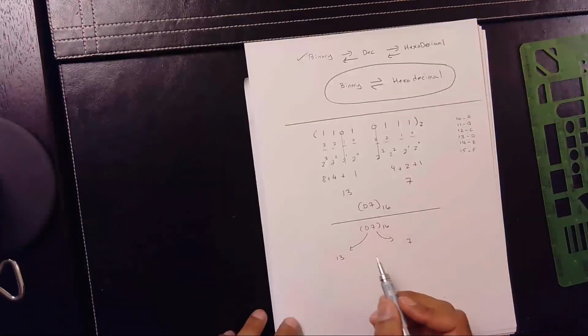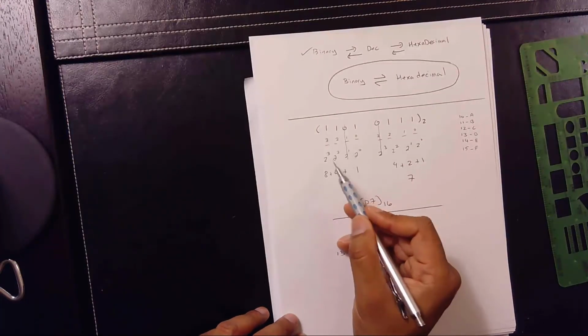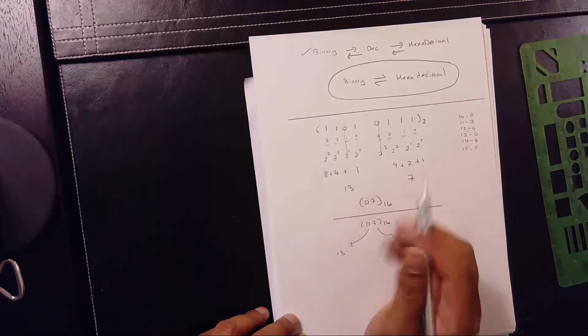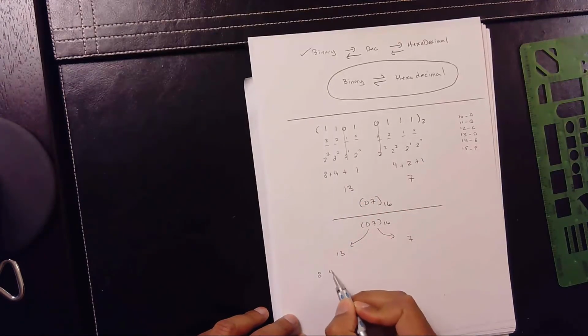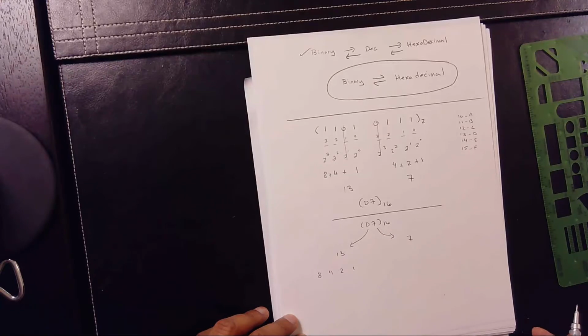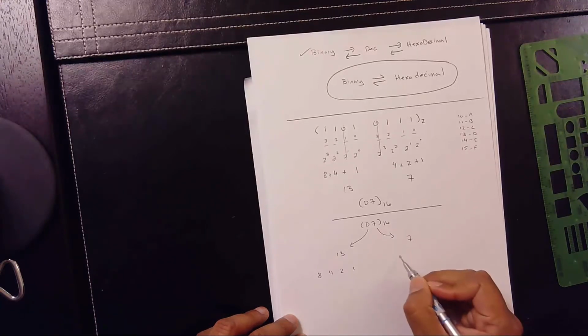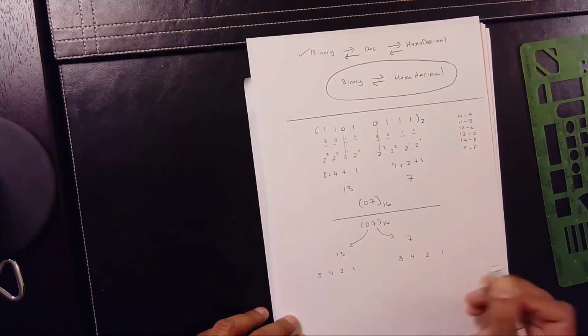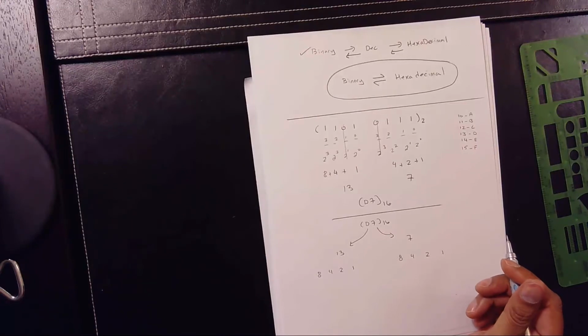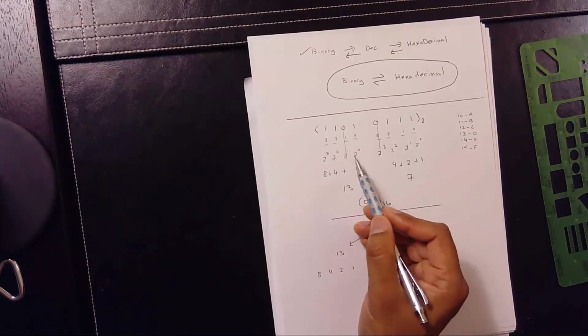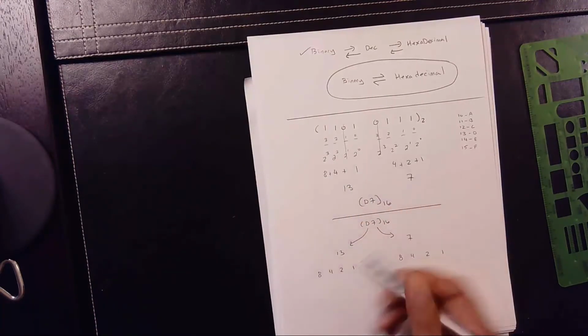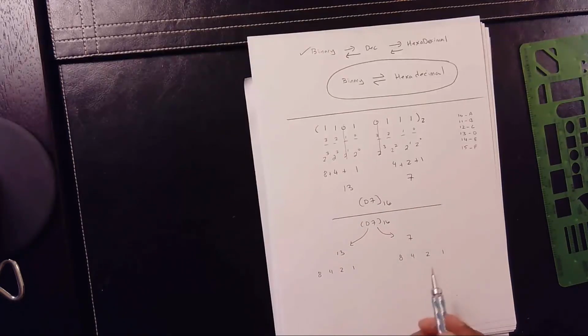What we do here is the same concept, but slightly different. 8, 4, 2, 1. Here we have 8, 4, 2, 1. We could have done 8, 4, 2, 1 here too. It would have been the same thing.